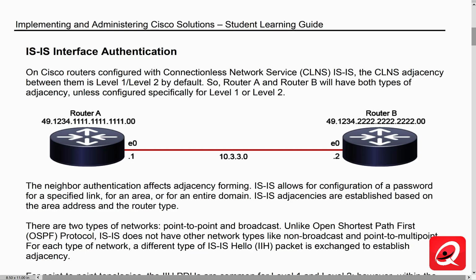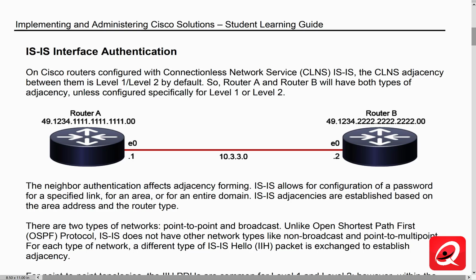Level 1 routers obviously are going to be within the same area. They're going to exchange those hellos to specify the level 1 adjacency information. Level 2 routers are going to be in different areas, and they're going to have different types of PDUs to establish their adjacencies. All right.